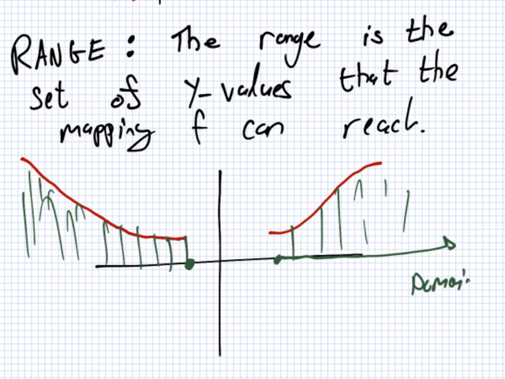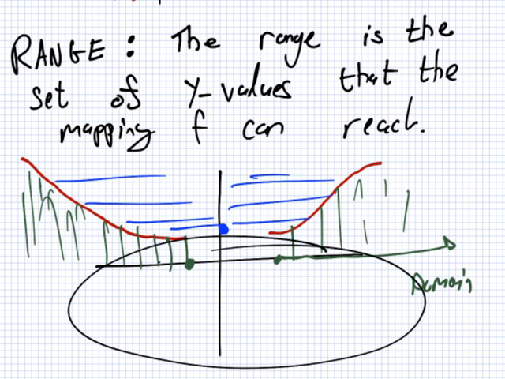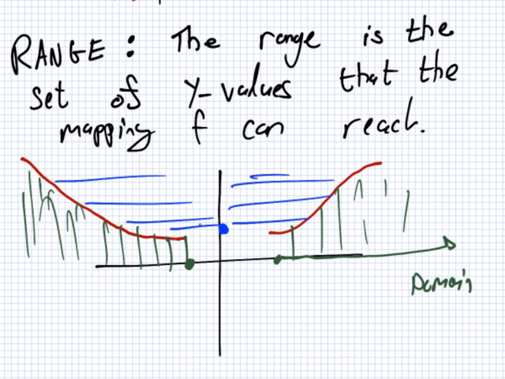What would be the range? The range is just on the y-axis. So it would be from here, up or down? Up, yeah. So these are the values here. This is not part of the range because you can never get, let's say this is a 2, you can never get less than 2 back from your mapping.